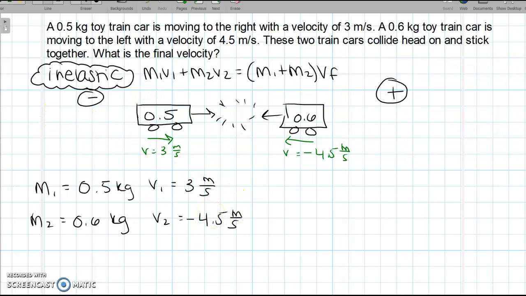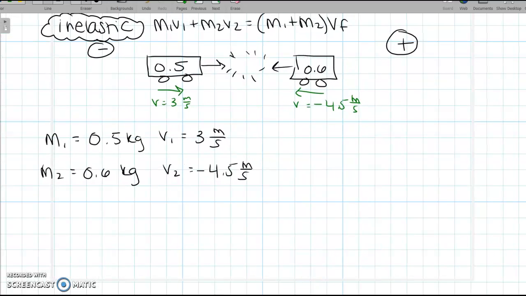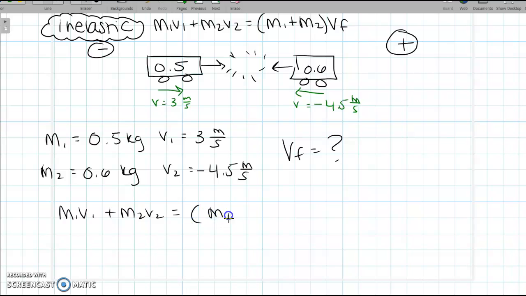All right, so let's write down what we know and solve it out by doing some math. Again, we're trying to solve for this final velocity. All right, so just to rewrite our equation, and now let's plug it in.